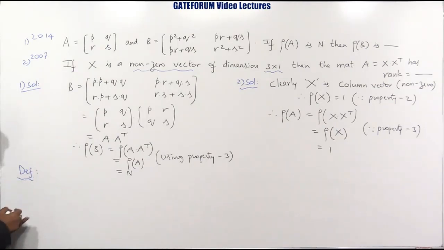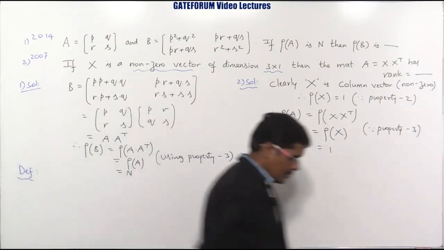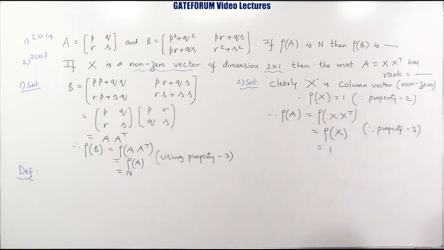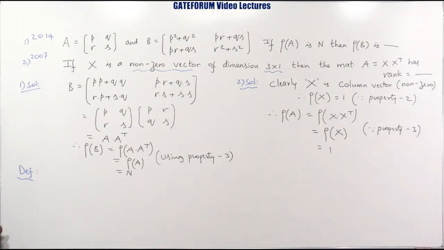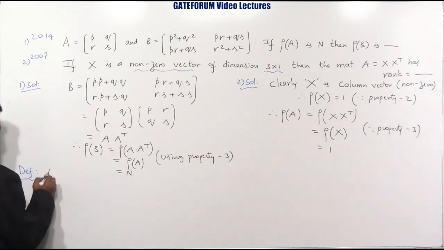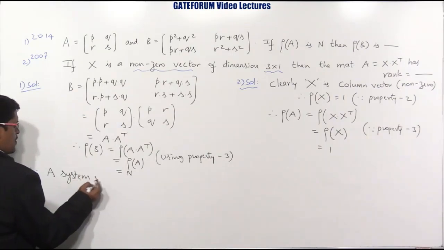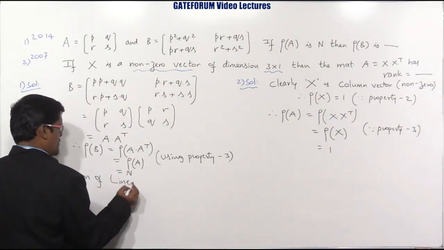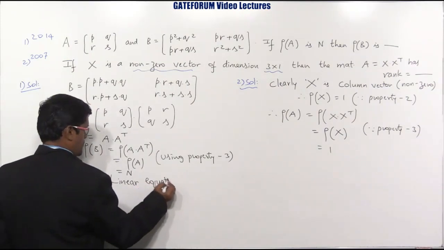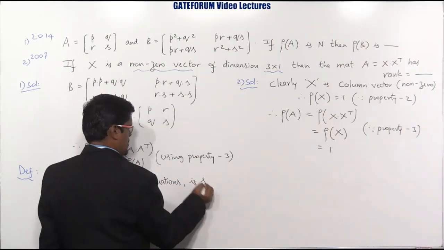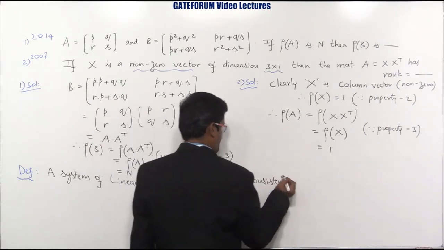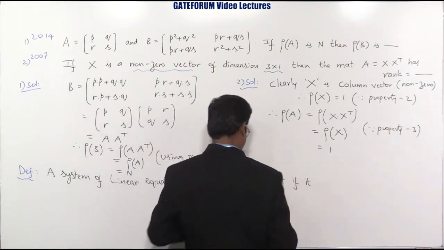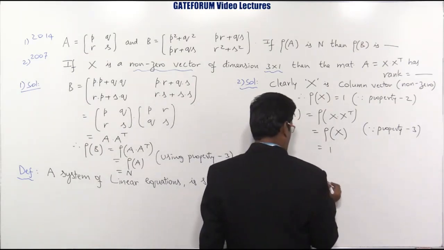Definition. A system of simultaneous linear equations is said to be consistent if it has a solution.